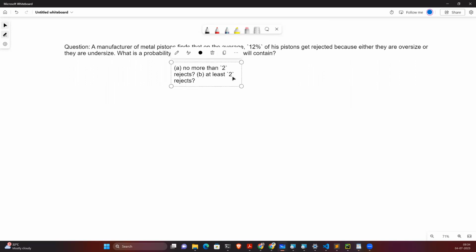Question is this one. Number 1, no more than 2 rejects. At least 2 rejects means it can be 2, 3, 4, 5, 6, many, but at least 2 should be. So what is the question? Please, anyone try to explain it to me in words.